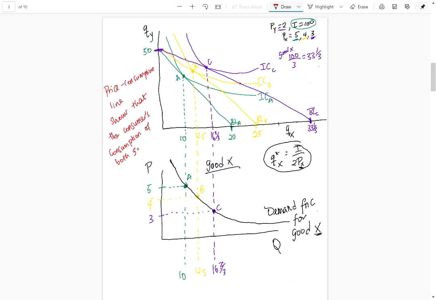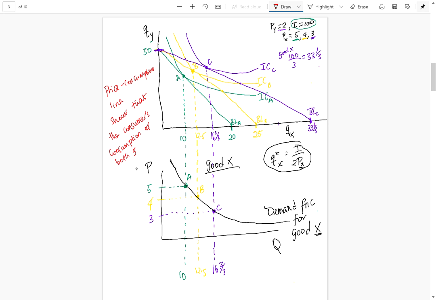Bear with me, my computer's fritzing. Good, okay. Both goods increase as the price of X falls.